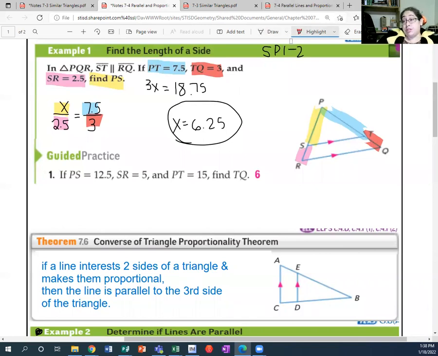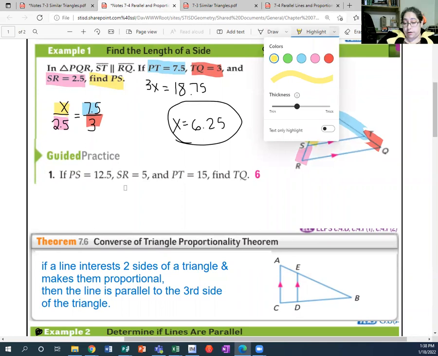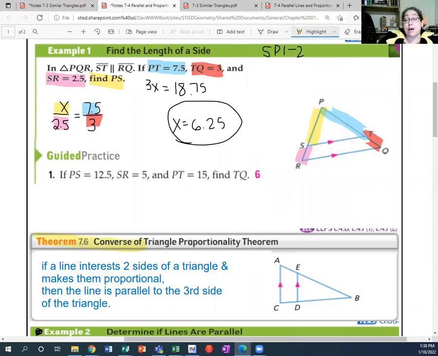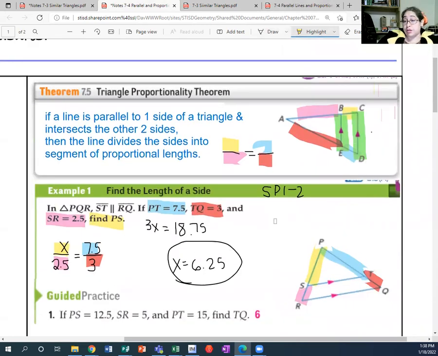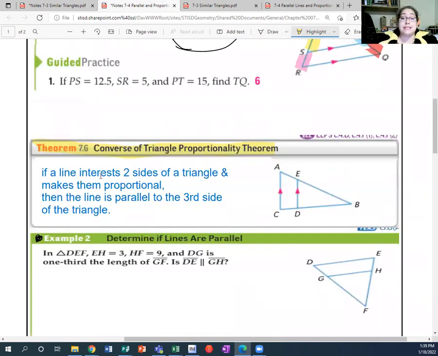Now, this theorem that we just talked about, it has a converse. It means we can come at it from the opposite direction. The original direction said, if I know the thing is parallel, then I can say I have a proportion. What the converse says is, if I have a proportion, then I can say lines are parallel.